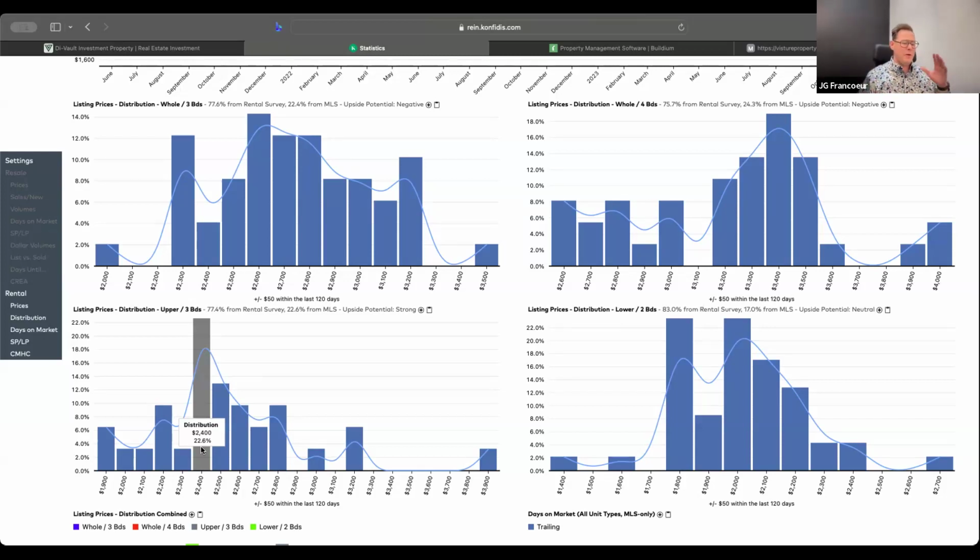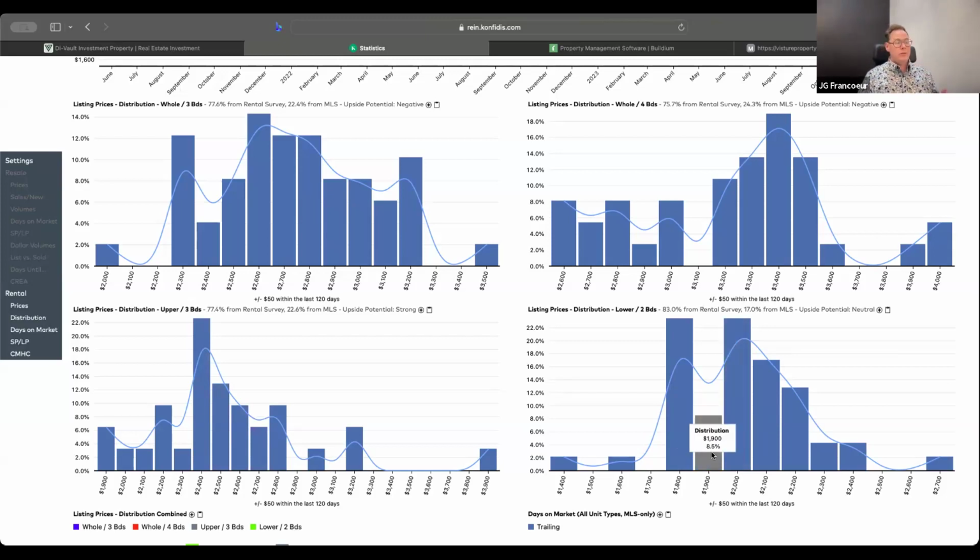I'm not talking about hardwood floors and granite countertops. I'm talking about a nice, good premium unit in a good location. Doesn't have to be luxury. The luxury is clearly renting for 2,700, 2,800, and 3,000. But I'm talking about good premium. You're going to get 2,400, 2,500 on average, which is exactly what I tell people.